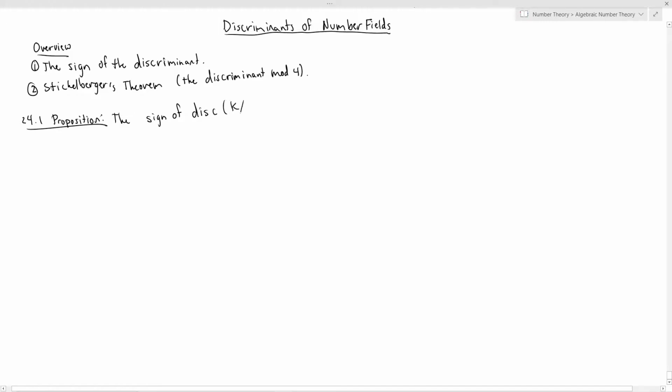The sign of the discriminant, let's say of K over Q, for a number field K, is (-1)^s, where 2s is the number of non-real embeddings of K into C. 2s is the number of embeddings of K into C with image not contained in R.